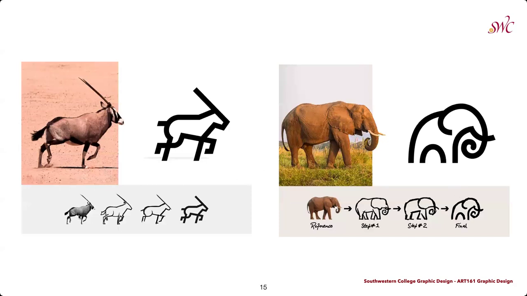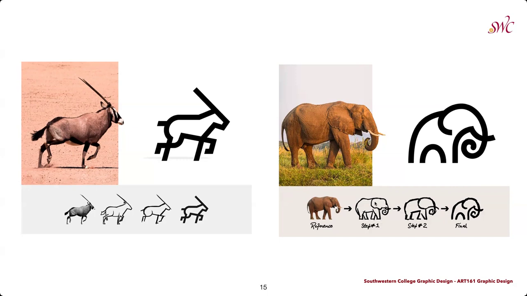So here we can see the original images in this sort of process below that allows the artist to get to a much more simplified, much more stylized approach based on the images that they have collected and the sketches they have created. So you can see down here in both of these cases, they're looking at the overall shape and some key characteristics to allow the viewer to figure out what this object is.